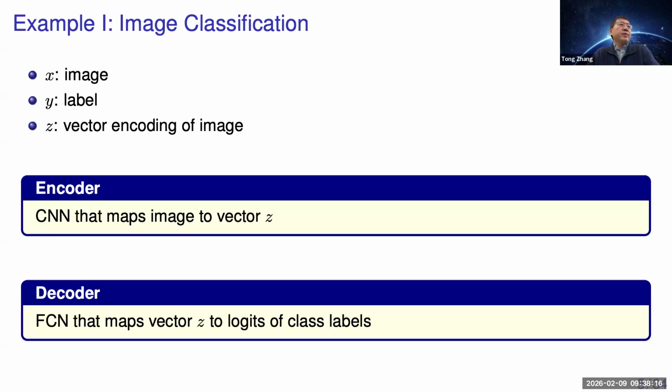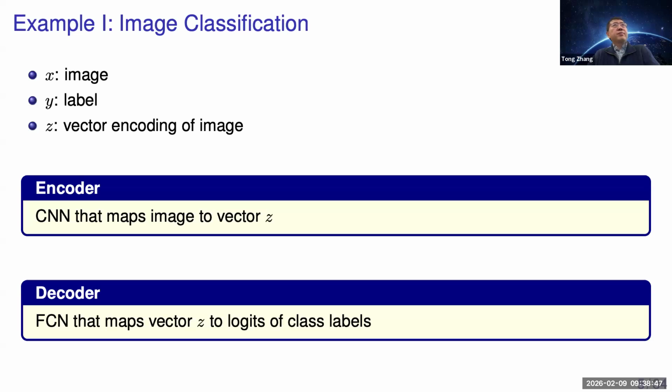Typically, for generating this kind of discrete data, the decoder always maps to the logits. We talked about that, and we just re-emphasize here: logits rather than the probability. You go through the softmax, which becomes your probability, then goes to the negative log, becoming the negative log likelihood.